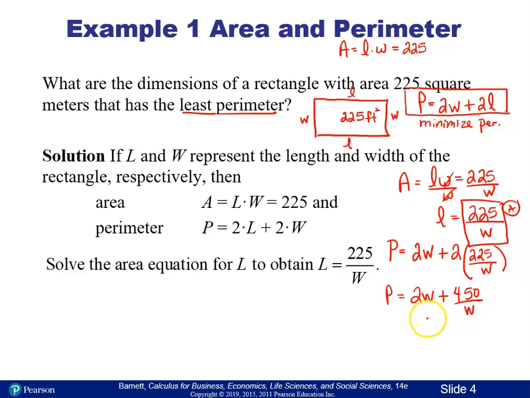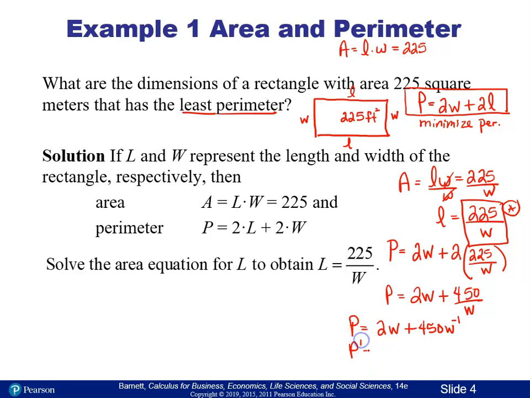What we want to do next, because we want to find the least perimeter or minimize it, is we know that to find a minimum, you do that by taking the derivative. So we're going to take the derivative of this quantity here, and before we take its derivative, I do want to rewrite this and bring that W up as a negative exponent.